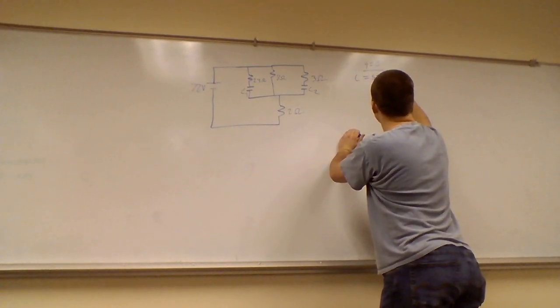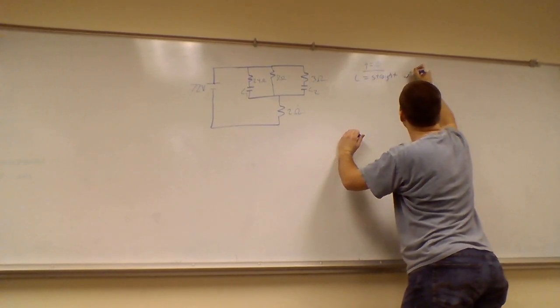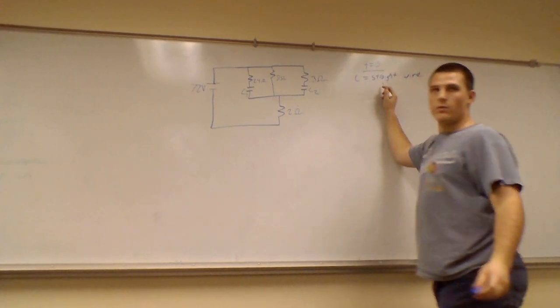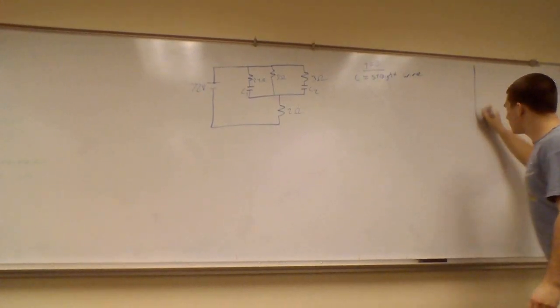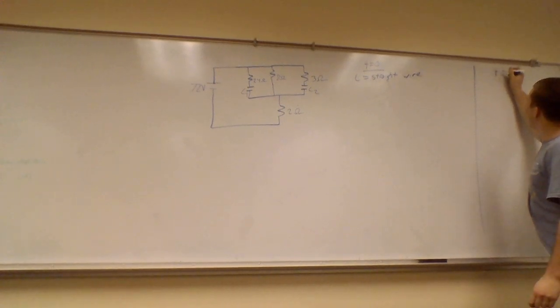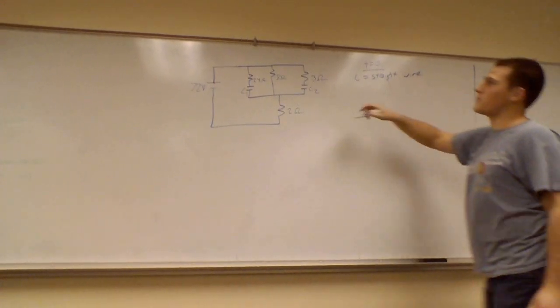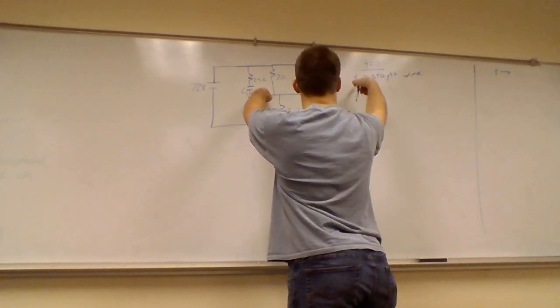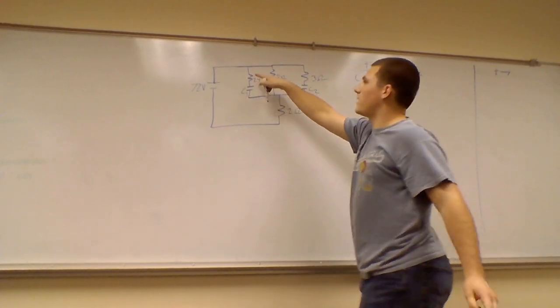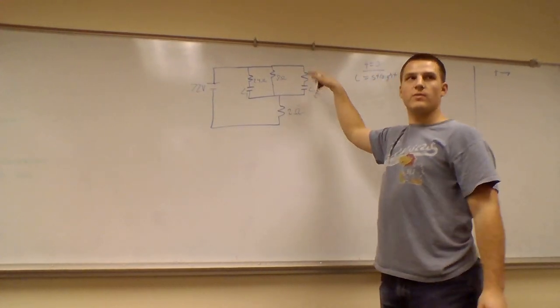So C is a straight wire. So it still goes through that. So as t equals 0, it'll just flow. All 3 act like normal.